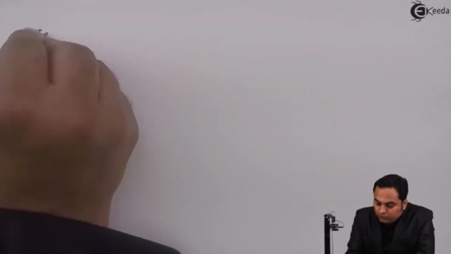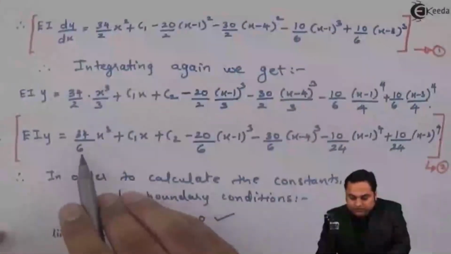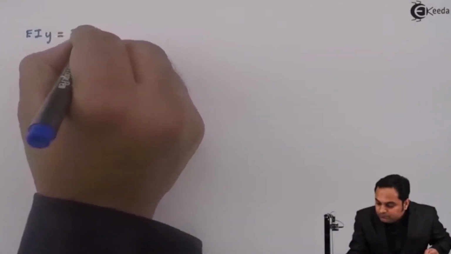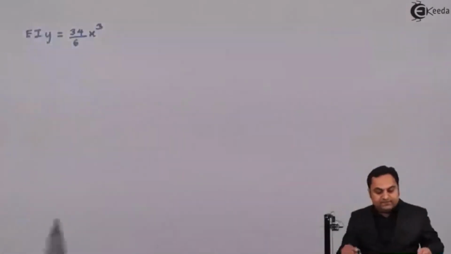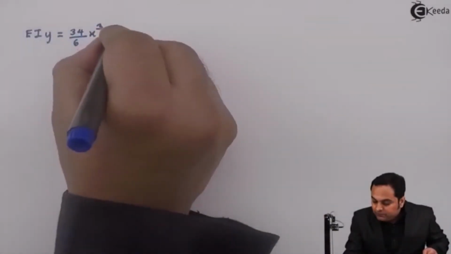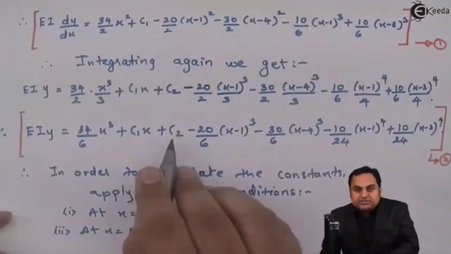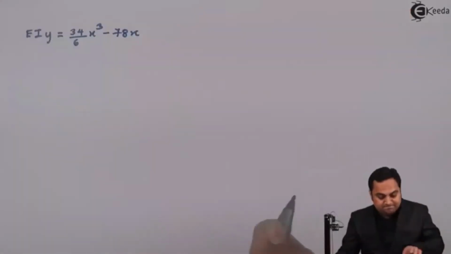On the left hand side we have EI into y, and it is equal to 34 by 6 x cube, plus C1 into x. C1 is minus 78, so minus 78 into x. C2 is 0, so no need to write that term. I'll copy the remaining terms as it is.